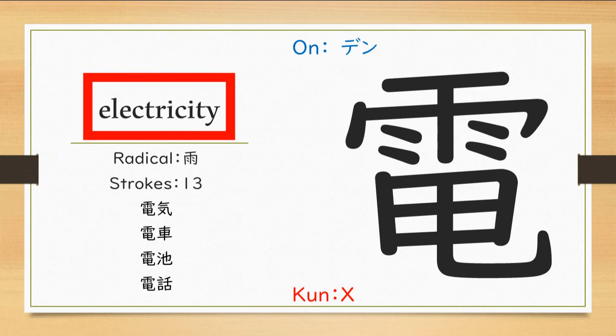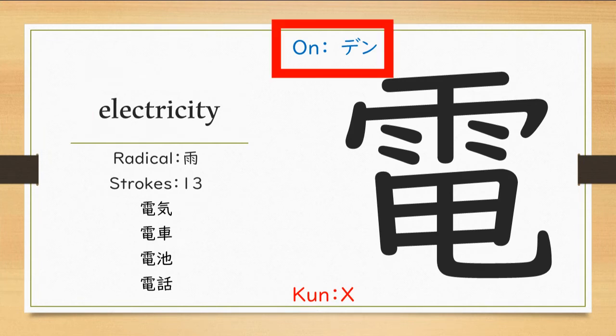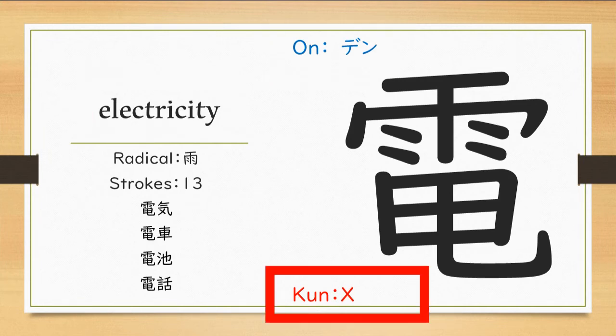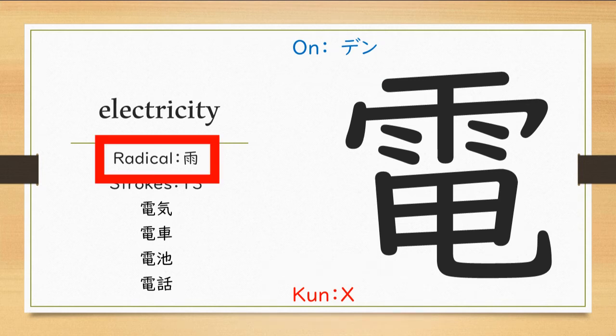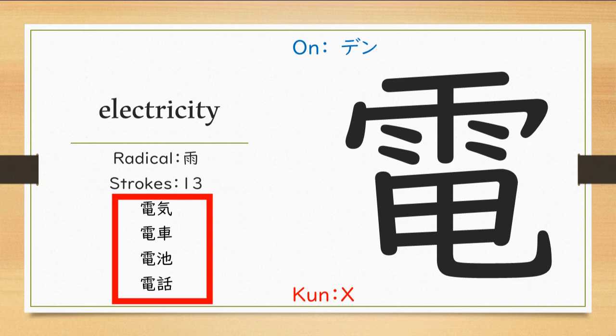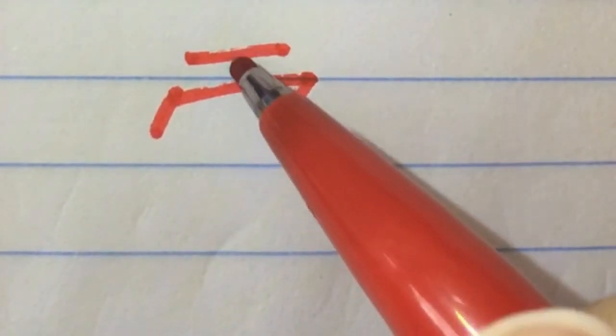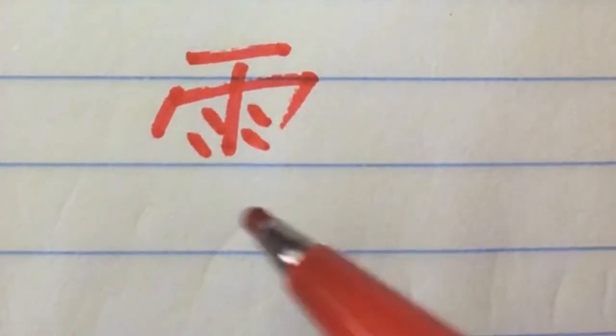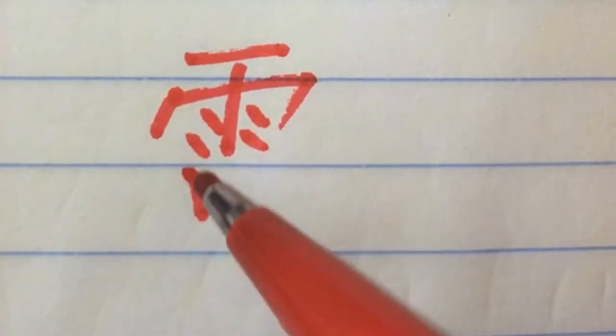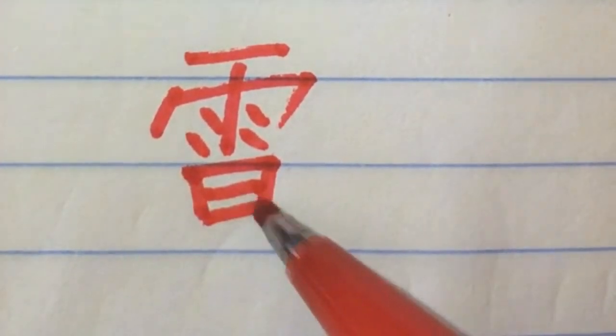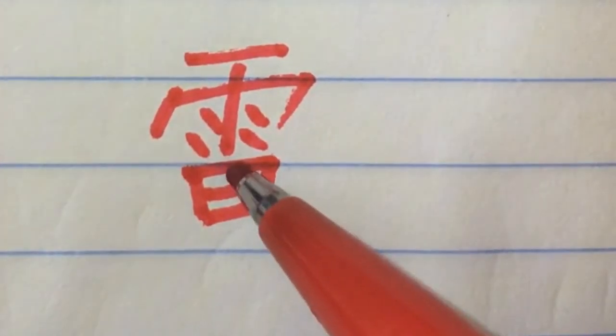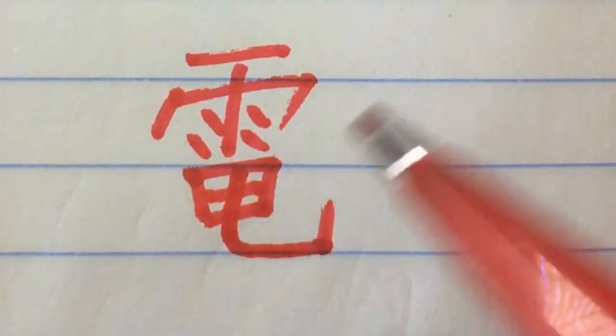The meaning is electricity. On is den. There's no kun for this kanji. Radical is ame. These are the kanji you must remember. First you write ame, and then you write the sun, then you add the electricity code.